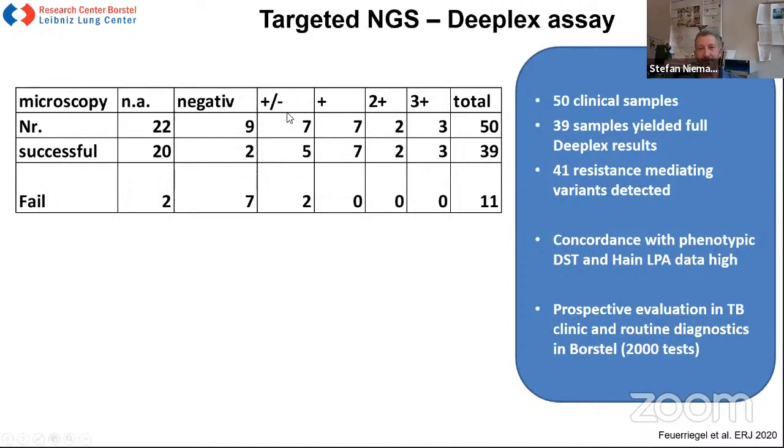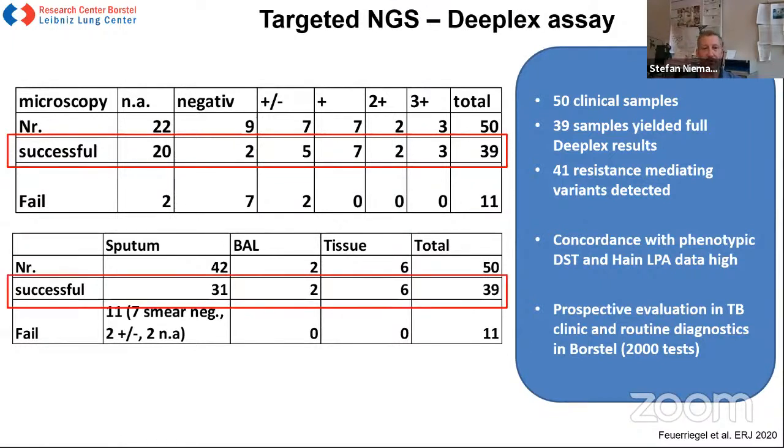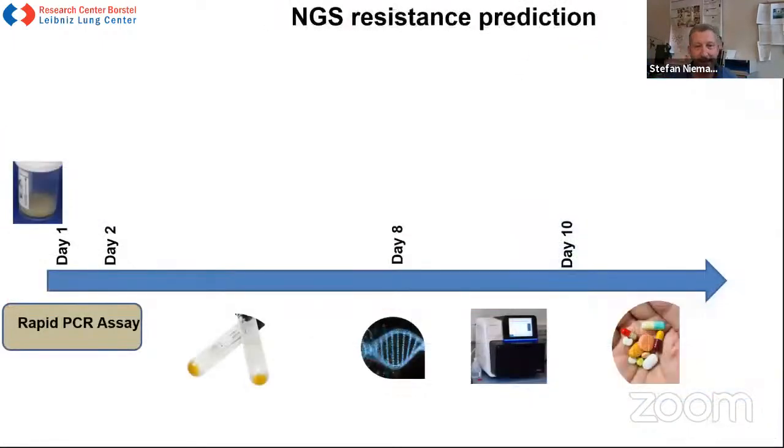And the main finding here is that everything that was smear positive could, more or less, to a high degree, produce an interpretable result. Interestingly, this was not only true for sputum, this was also true for other tissues. So we may have here a tool that can be used directly from sputum in quite short time.